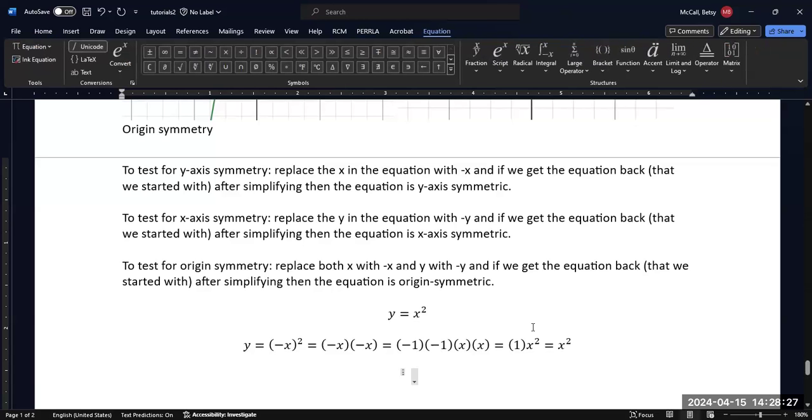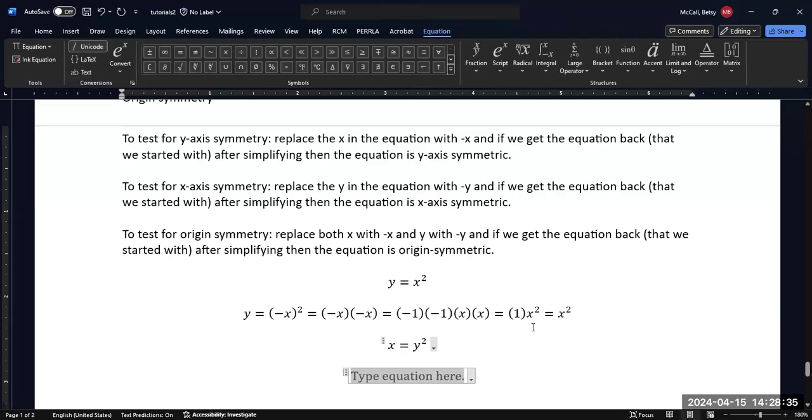The second example, the x-axis symmetry question, was x equals y squared. And in this example, for x-axis symmetry we're replacing the opposite variable, which means we're replacing y with minus y. Now, for both of these examples, it's extremely important to keep in mind that the minus sign goes inside the square.